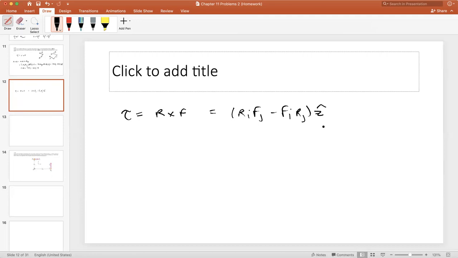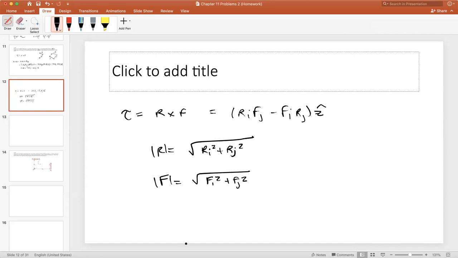A couple of things to note here: the magnitude of R is the square root of RI squared plus RJ squared. We're going to need that next. And the magnitude of F is the square root of FI squared plus FJ squared. Simple enough.